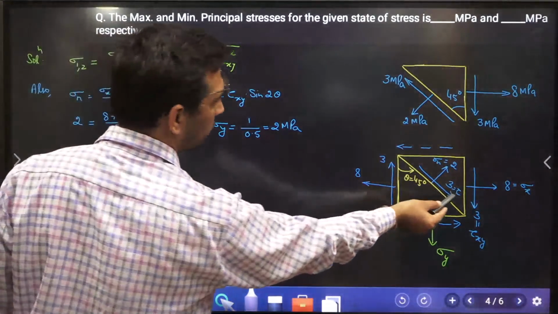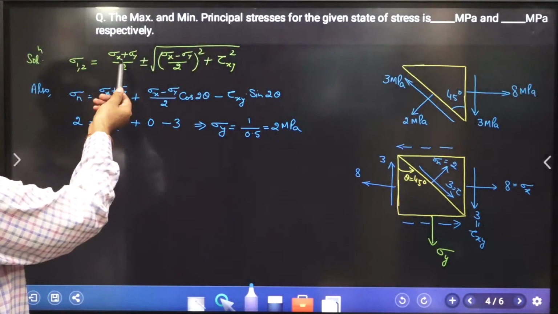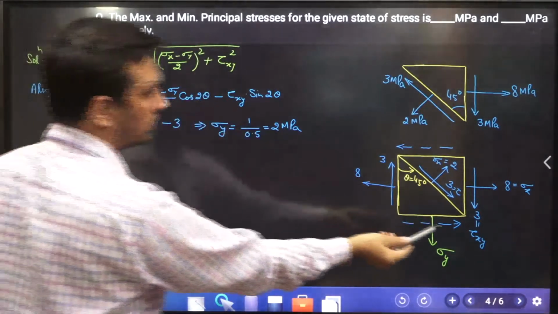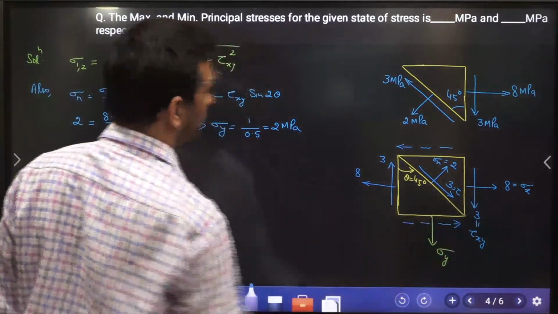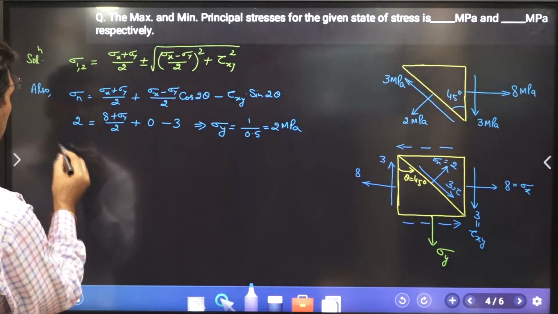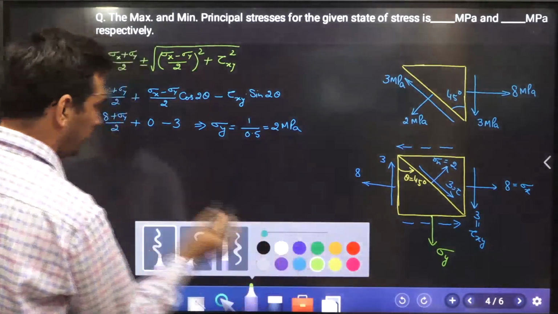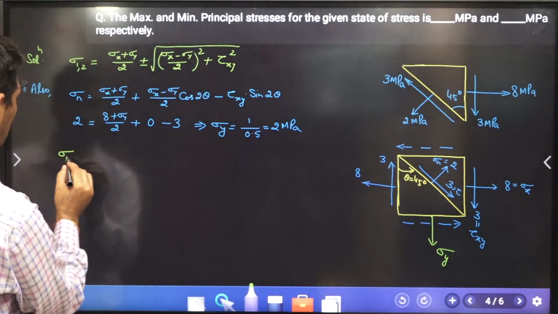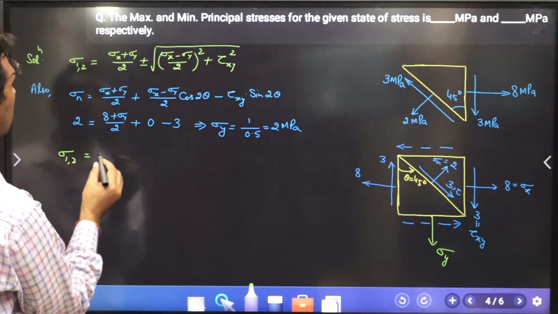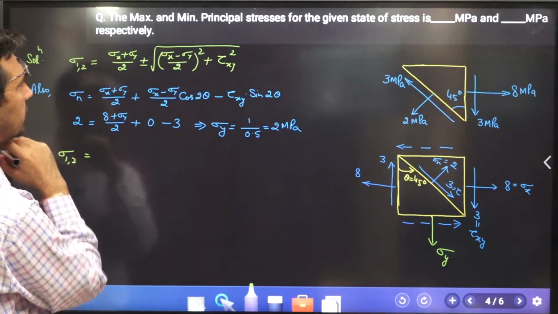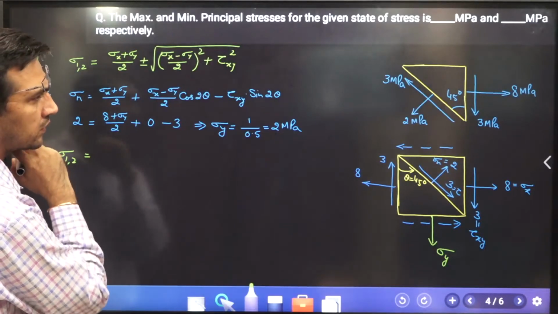I don't need to make use of this because directly I am able to get sigma x and y. Tau xy I know, which is acting over here. So directly sigma 1, 2 will be equal to what? Sigma x is how much? Sigma x is 8.